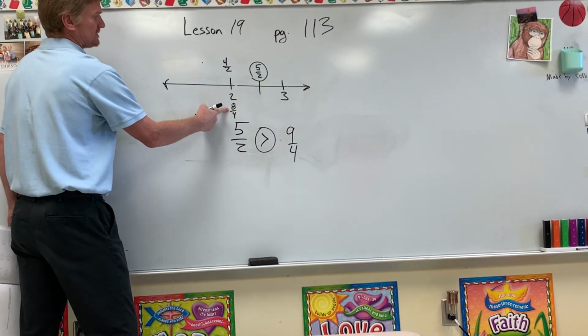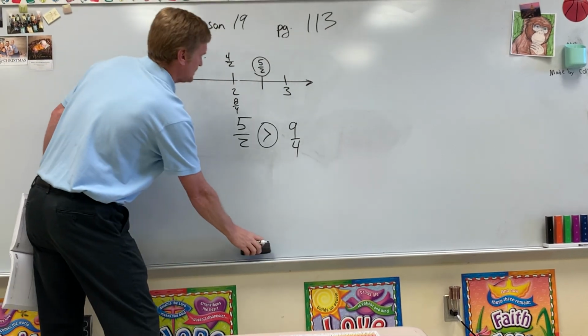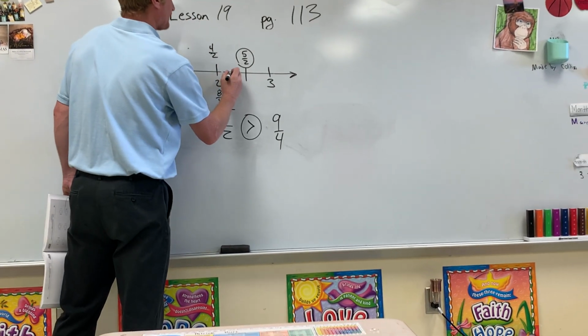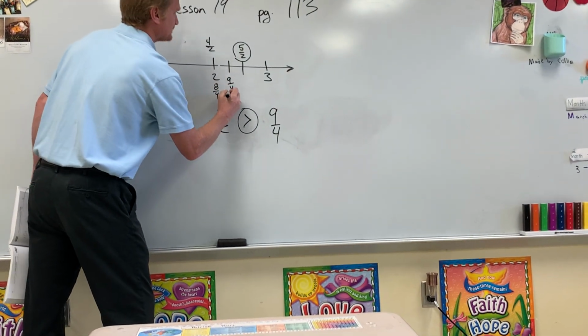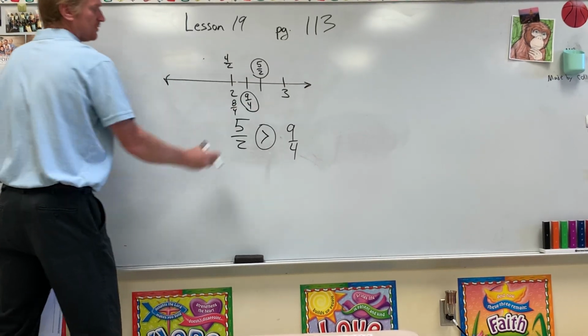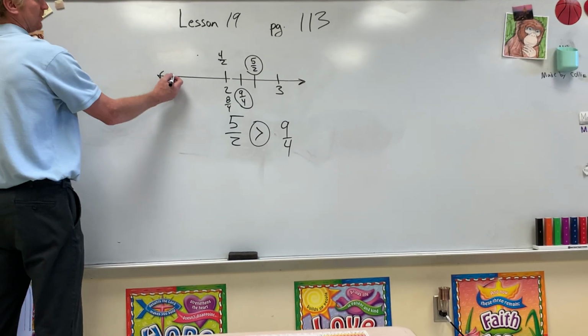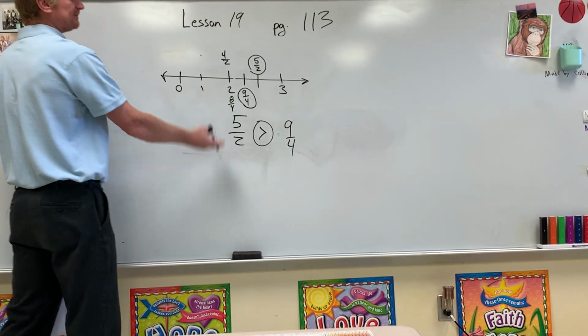Okay, so 2 is 8/4. It's also 4 halves. Then cut it into 4. A half of a half would be a 4th, so this would be 9/4. All right, so which one's larger? Our 5 halves is farther away than 9/4, farther away from 0. Okay, so that's why that was true.